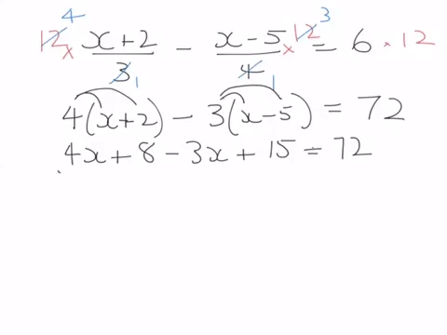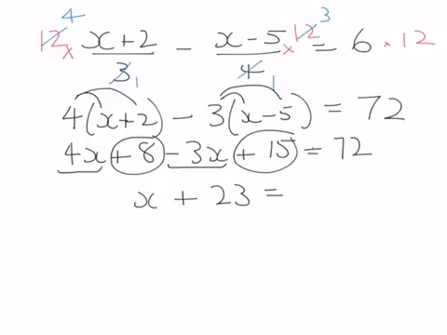Collecting like terms, 4x minus 3x is x, and 8 plus 15 is plus 23. Don't want the 23. So x equals 72 minus 23, which is 49.